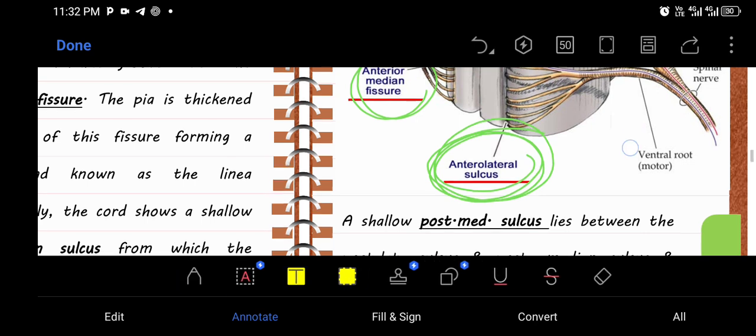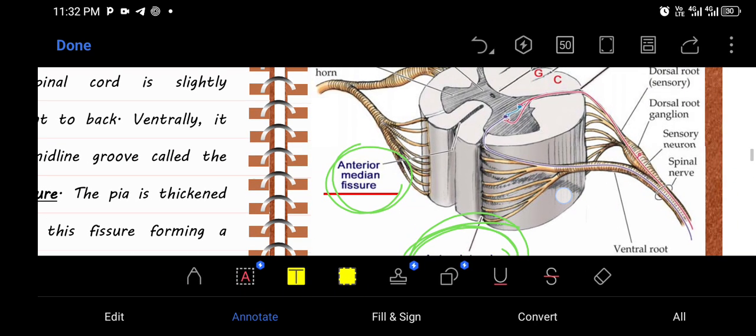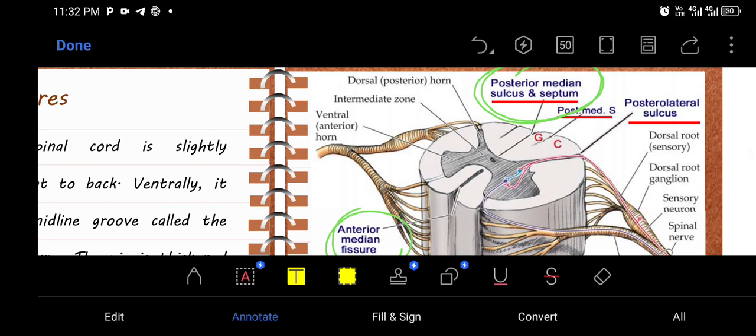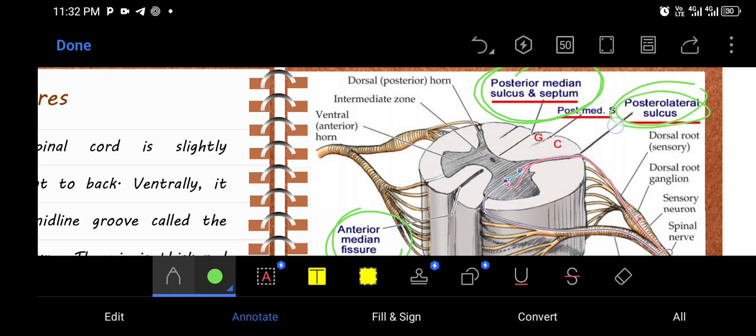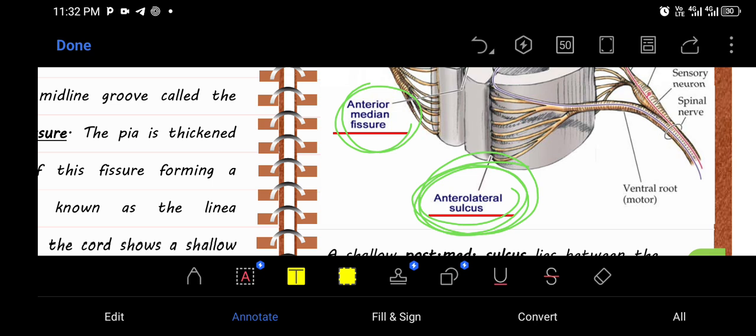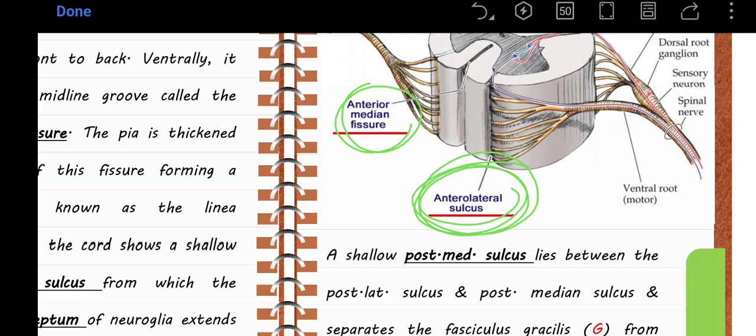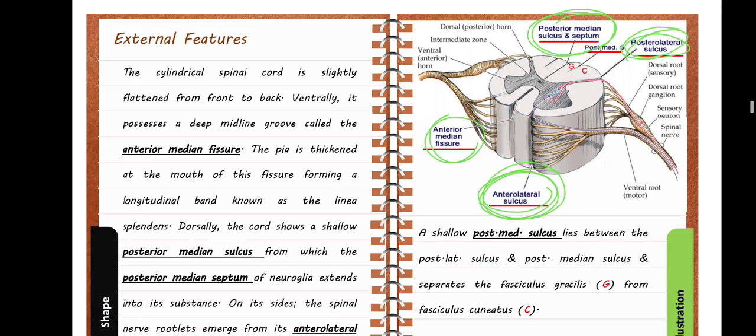The dorsal root comes from the posterolateral sulcus. Keep that in mind: the ventral root originates from the anterolateral sulcus and the dorsal root from the posterolateral sulcus.